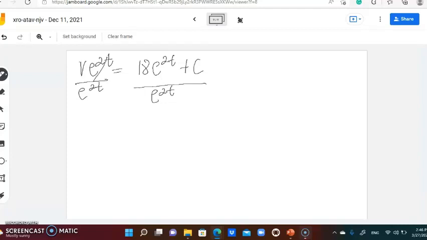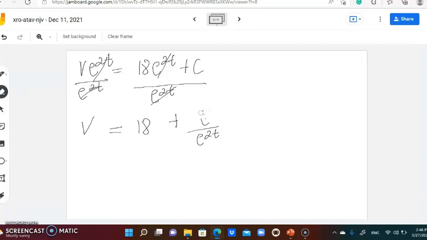So this is going to cancel, leaving v, and v is going to be equal to, e to the 2t will cancel there, leaving 18 plus c over e to the 2t.